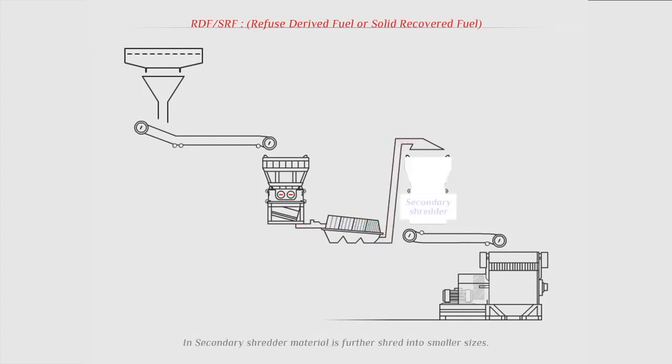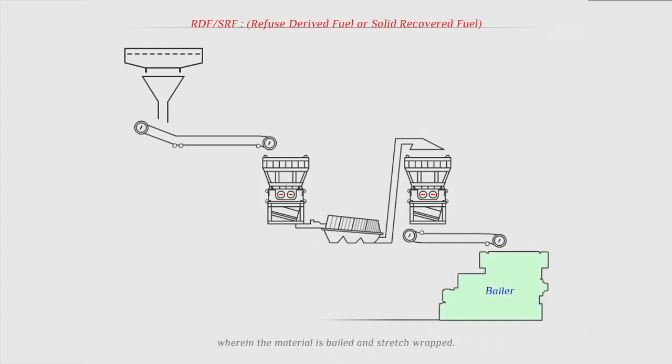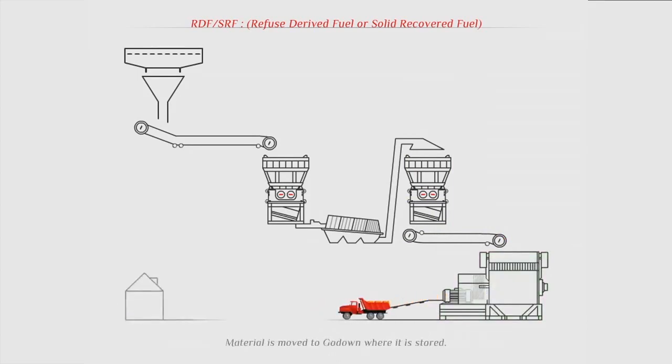The primary shredded material is fed to the hopper of a secondary shredder that reduces the material size to less than 25 mm. The secondary shredded material is then conveyed to a baling machine for packing. These bales are then stretch wrapped and transported to cement industries as fuel.